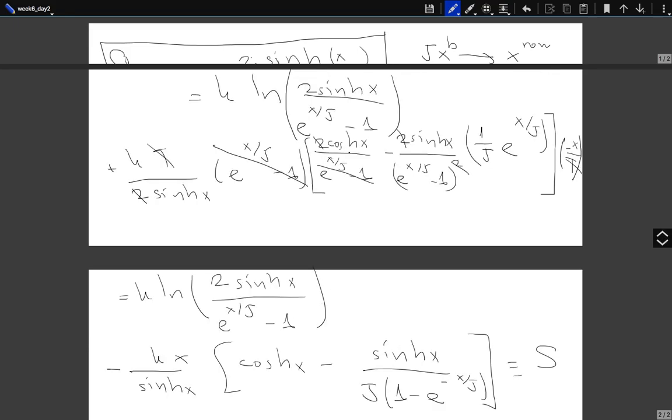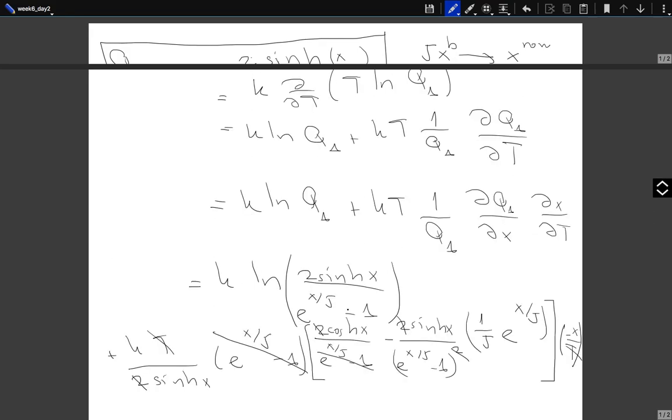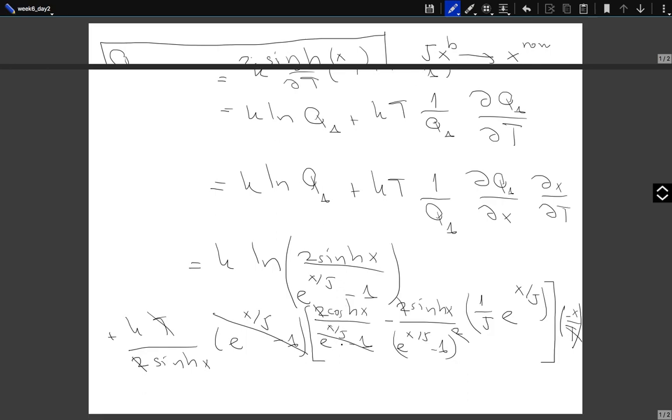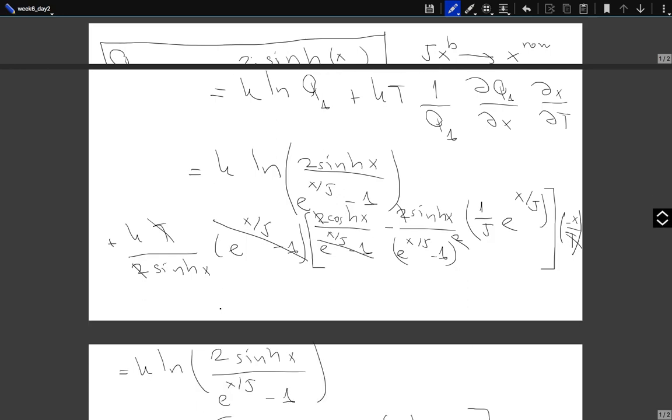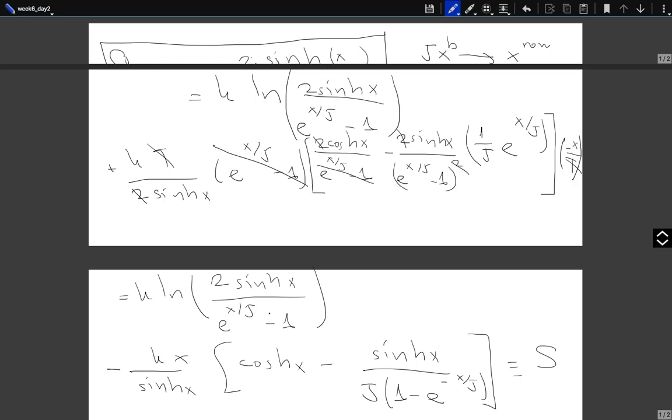Well, let's see, it's this term over here. So that is the derivative of Q1, which is the argument of the logarithm. No, it's okay. When we were copying this line, you said we had a minus overall. There should be a minus sign.